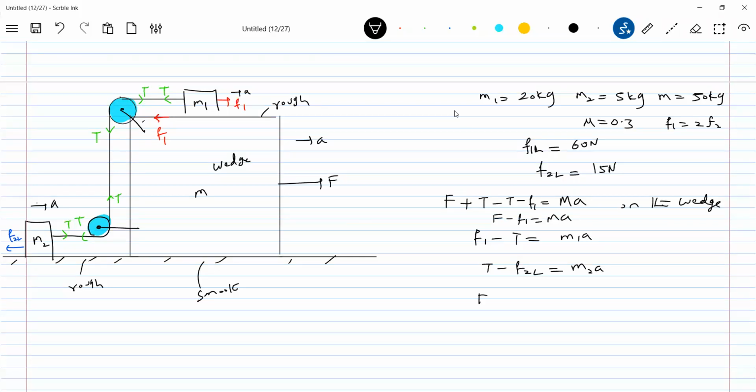I'll add up these two: F minus F1 minus F2L equals (M plus M1 plus M2) into A. Okay, this is the condition we have, no? And it's telling F1 equals 2F2, so definitely that should be F2L. So substitute that here. So we know F1 and F2, but we don't know the acceleration.